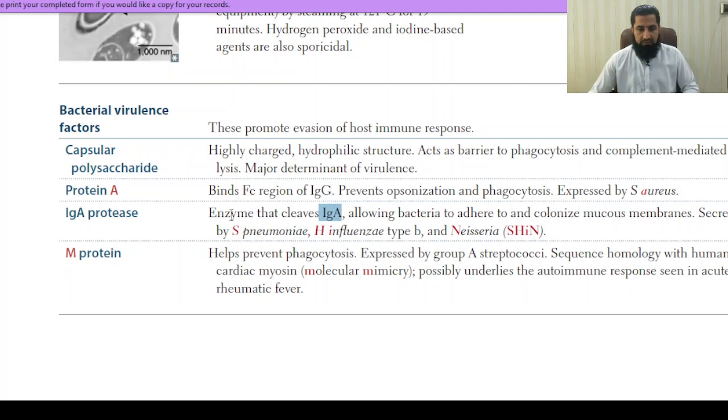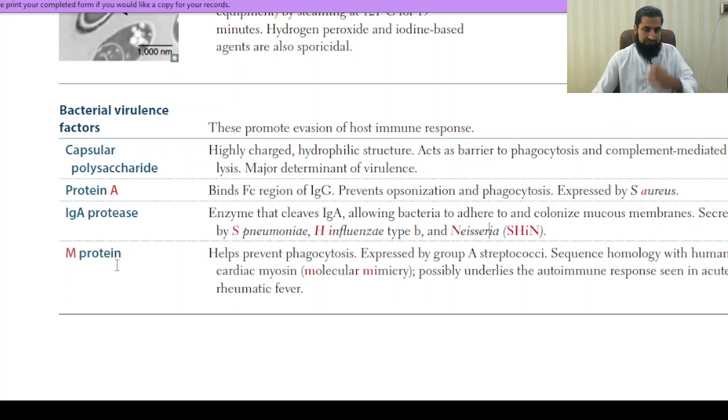By cleaving IgA, bacteria are allowed to adhere to and colonize mucous membranes. It is secreted by Strep pneumoniae, H. influenzae type B, and Neisseria, SHiN. How to remember? S for Strep pneumoniae, H for influenzae, and N for Neisseria.